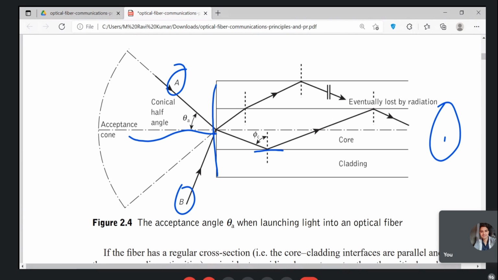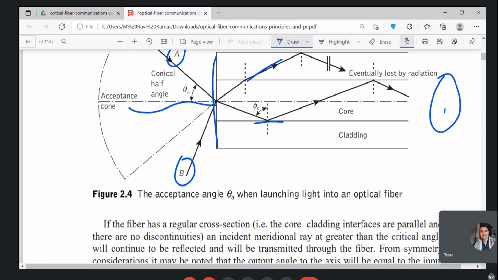The C here corresponds to the critical angle at which you will have total internal reflection. So if this angle is less than phi C, then you would have refraction at the interface and not total internal reflection, right?